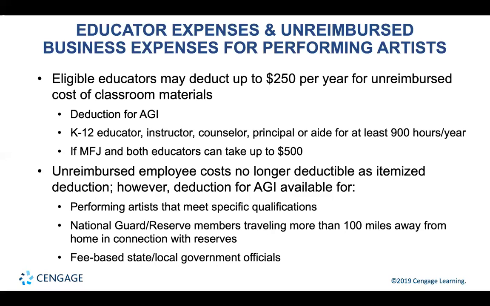However, a deduction for AGI is available for the following persons: performing artists that meet specific qualifications as listed in the book, National Guard or Reserve members traveling more than 100 miles away from home in connection with the reserves, and fee-based state and local government officials. So take a look at these in your book on page 517 for further explanation.